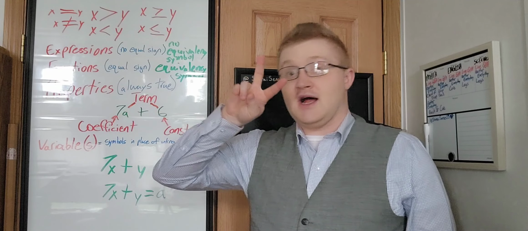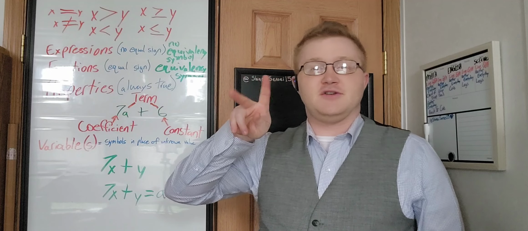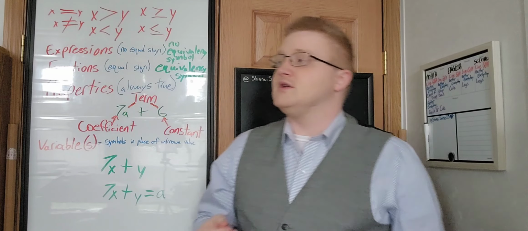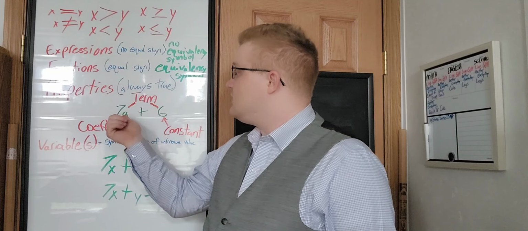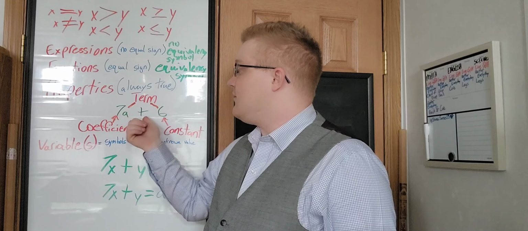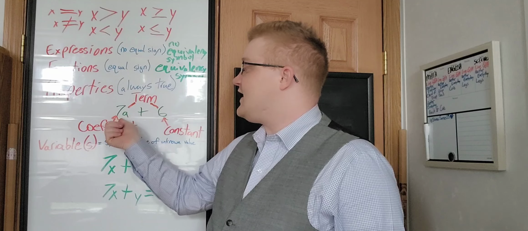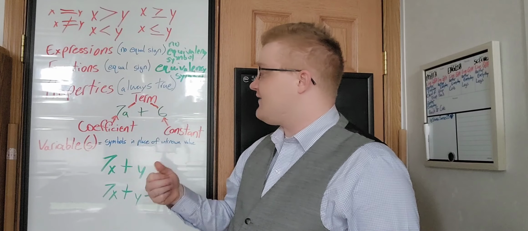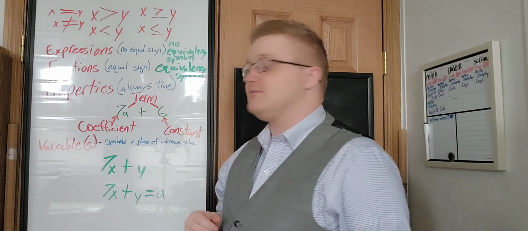Anything that is on separate sides of that operation is a term, right? So if I have, in this case, 7a plus 6, 7a is a term, 6 is a term, because they're on opposite sides of an operation, right?